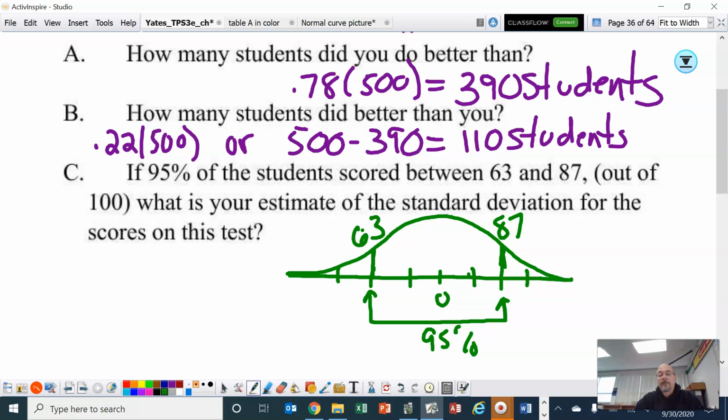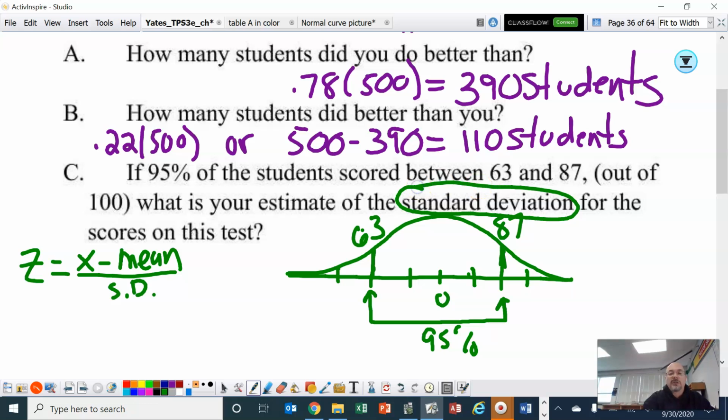You can't use 2 below to 2 above, because that's the standardized. That's not what the actual standard deviation is for this situation. So remember, we're going to use z equals x minus the mean divided by the standard deviation. But it wants to know, what is the standard deviation?